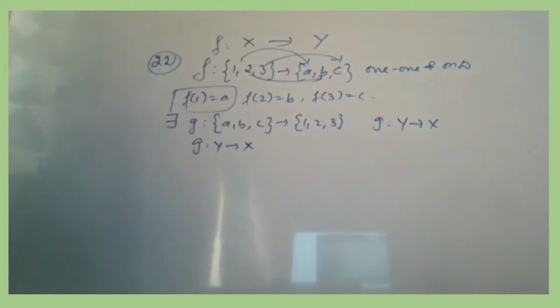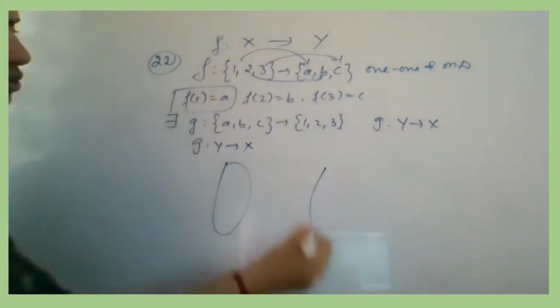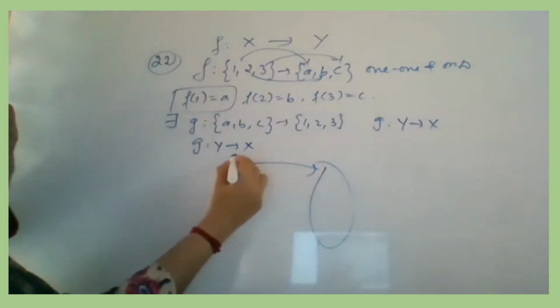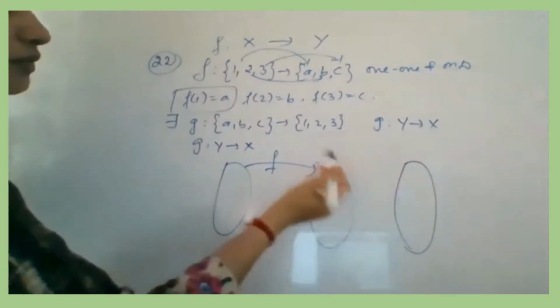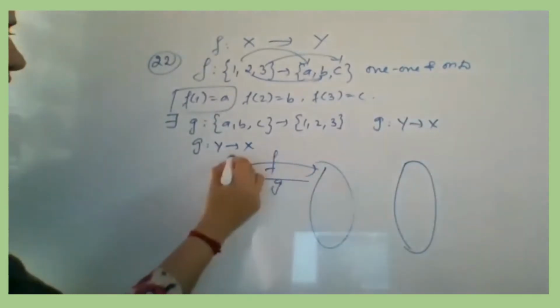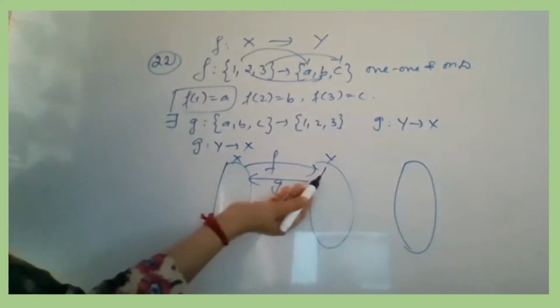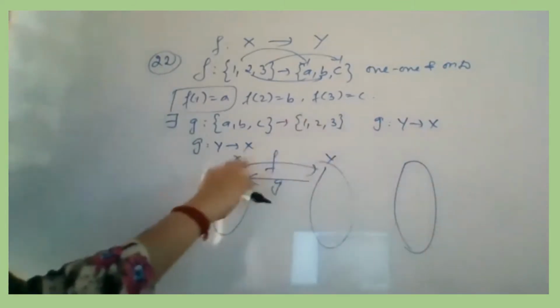Understood? How do we define it? See like this, where is 1 going? To A. I will show. This is your F, your G. Now, when I say G, I am marking it here. F is from here to here, that is this X and Y, and G is from Y to X. There is no need to take a third set because it is the same as X, no?